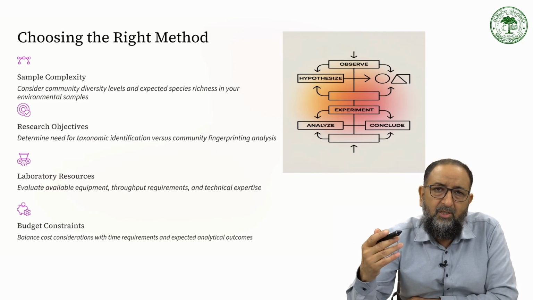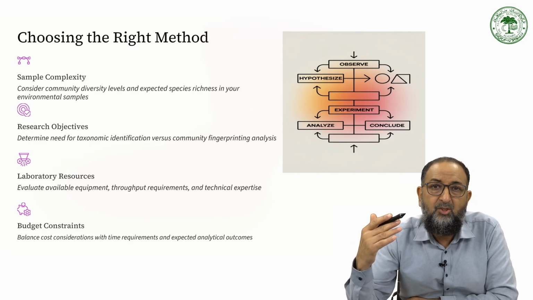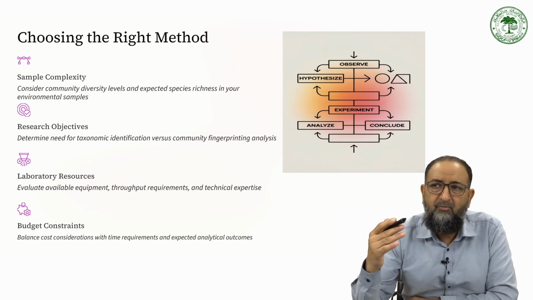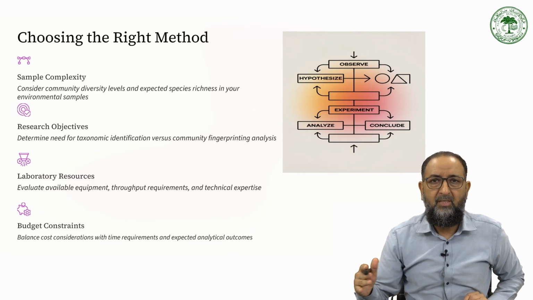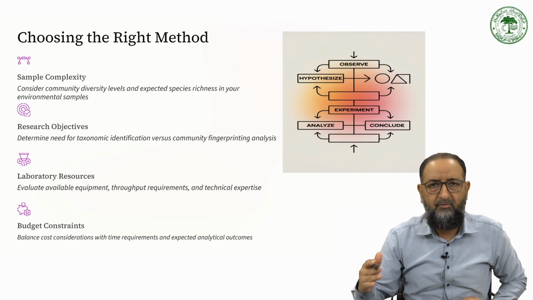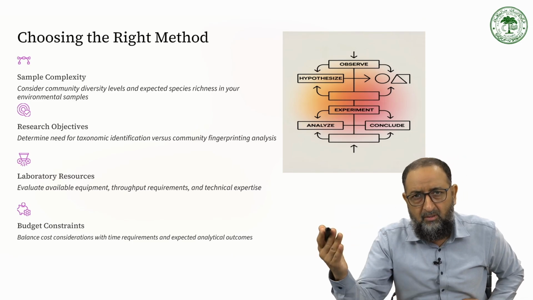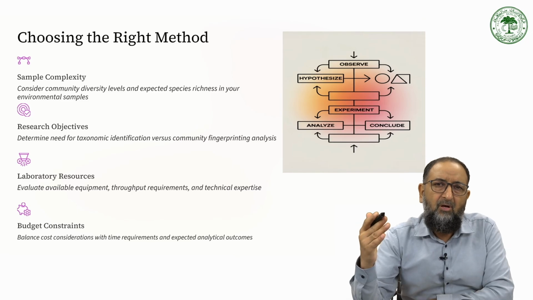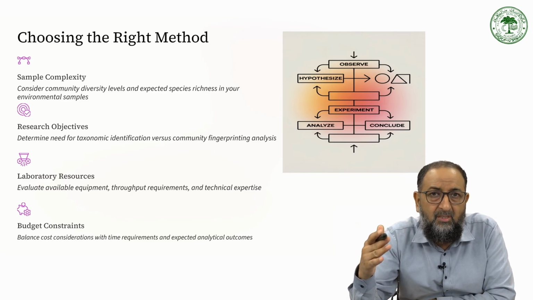Consider the community diversity level and the expected species richness in your environmental sample. For example, if you are taking a wastewater treatment plant, wastewater bodies, or rivers and oceans, there the chances of diversity and abundance are higher.